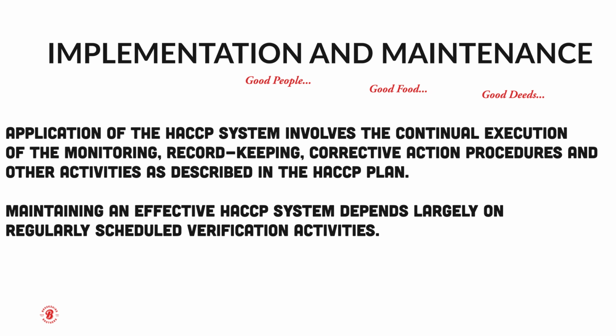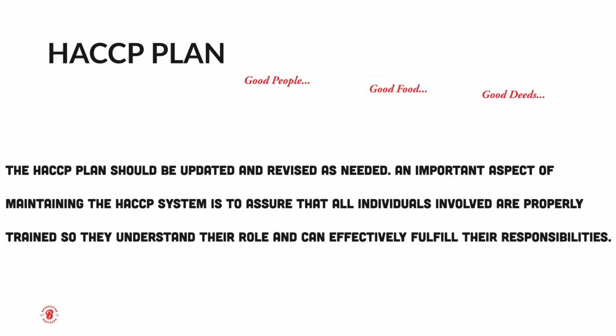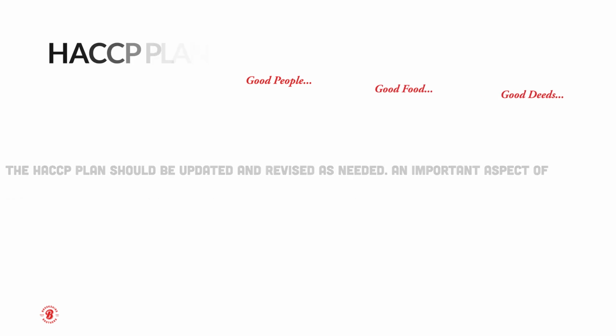Maintaining an effective HACCP system depends largely on regularly scheduled verification activities. The HACCP plan should be updated and revised as necessary. An important aspect of maintaining the HACCP system is to assure that all individuals involved are properly trained so they understand their role and can effectively fulfill their responsibilities.